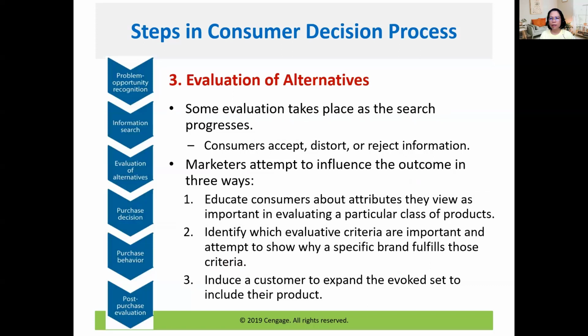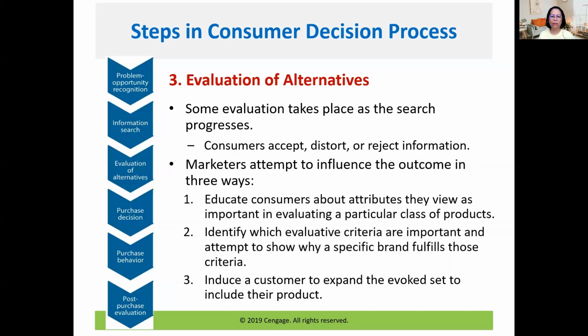The next is evaluation of alternatives. Some evaluation takes place as the search progresses, as consumers accept, distort, or reject information. So now John tries to evaluate among the three choices of pizza brands as to which among them is more delicious, affordable, or easy to order, or maybe which one has a buy one, get one promo.